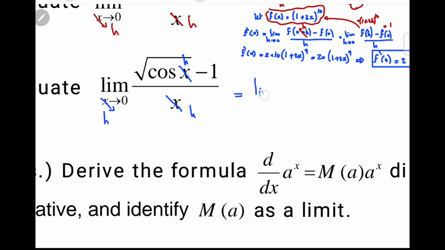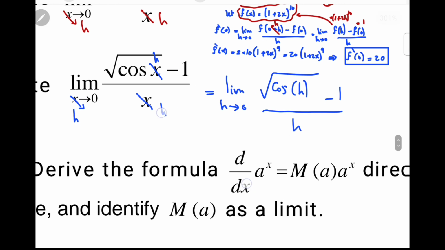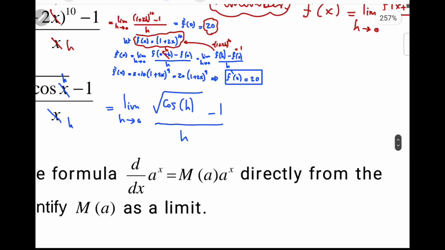So this will be the limit as h approaches 0, square root of cosine h minus 1 divided by h. Similarly, think about it. It's clear that this can be written as the derivative of a function f evaluated at 0 as well.